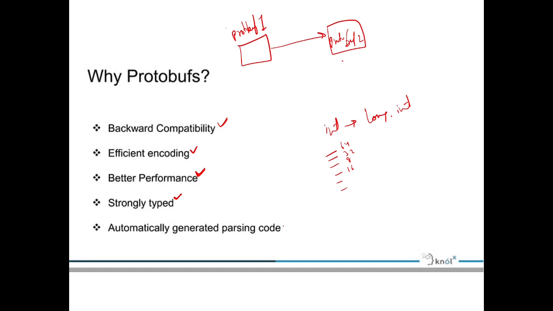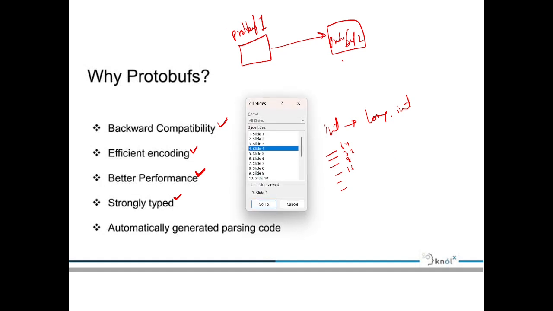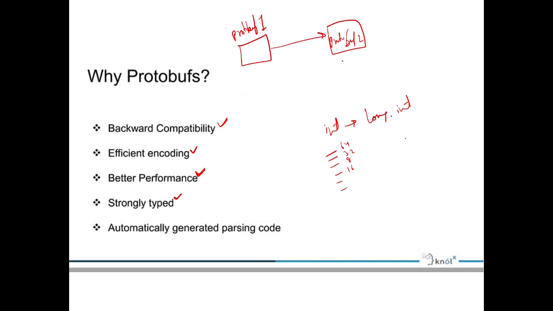Automatically generating the parsing code. In the case of JSON, if we want to perform some operation, we have to encode it in our language so that it will be easier. I'm giving an example. Let's suppose in the JSON file we have a column age that is 32.